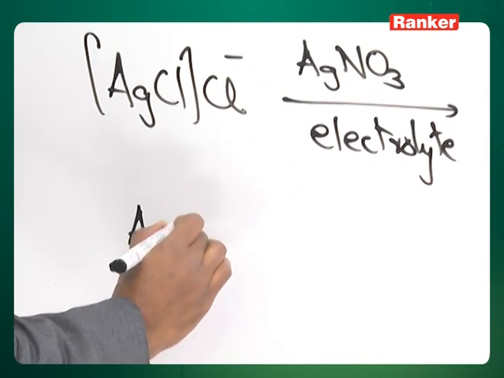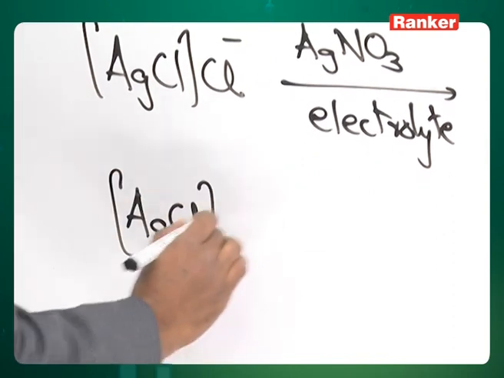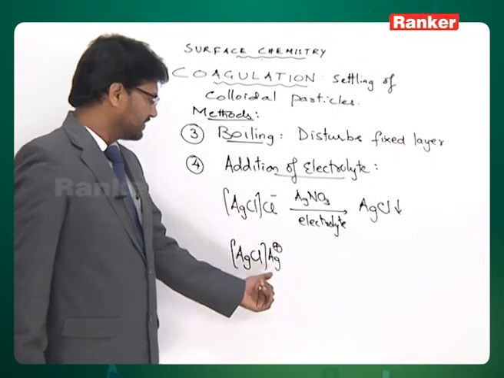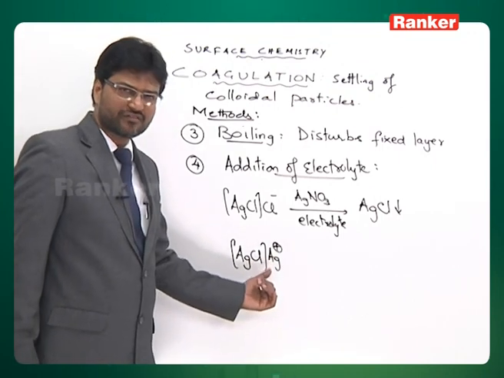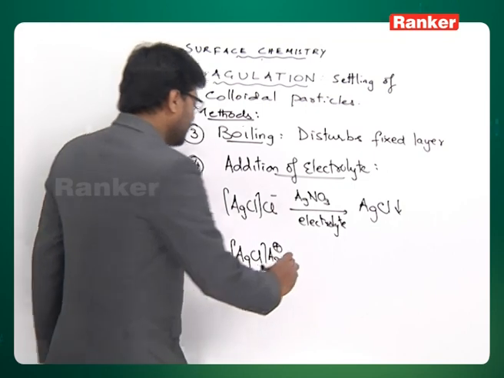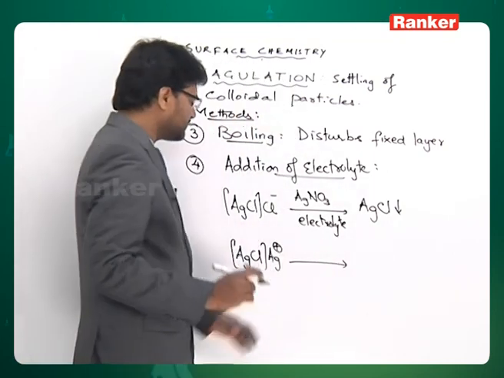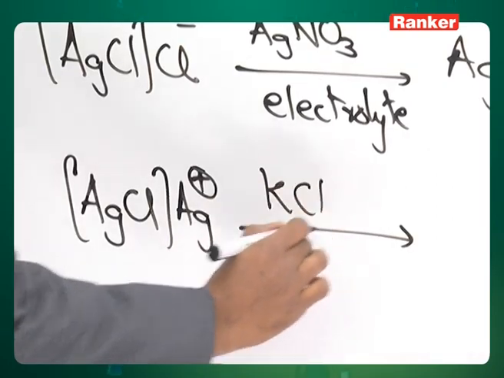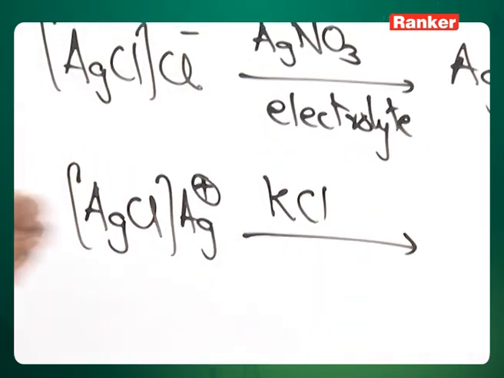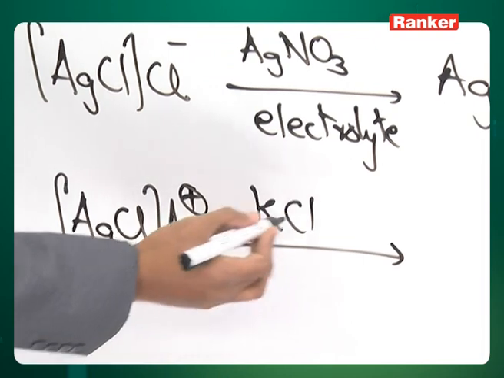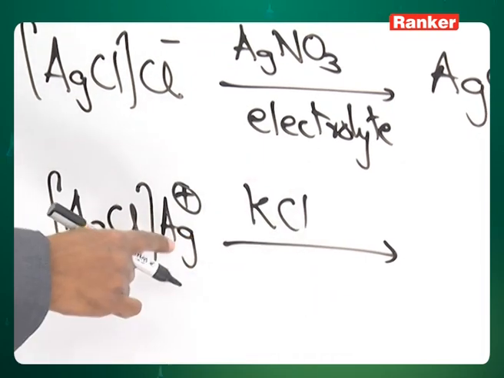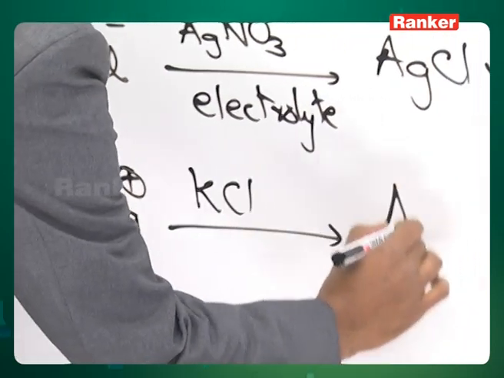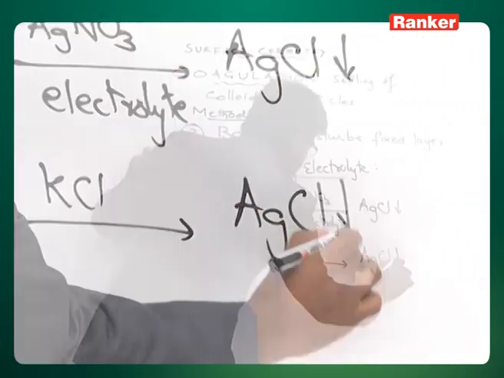I will give another example. I have a colloidal solution of this type. It's a positively charged sol. Here the common ion which got adsorbed on the surface of the colloidal particle is Ag plus. Now in order to coagulate this type of colloidal solution, we need an electrolyte like KCl, you can use KBr, you can use KI. Then the Cl minus present in this electrolyte will join with Ag plus and you get again AgCl.